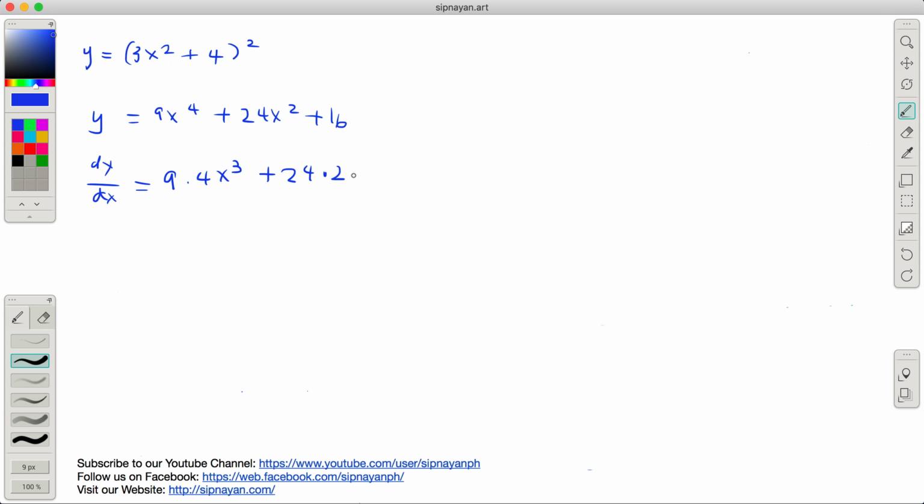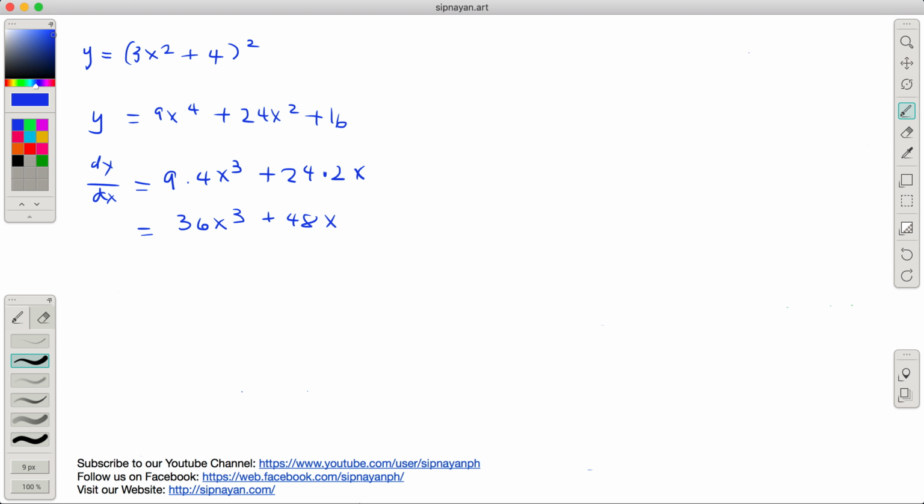And then yung exponent, babawasan din natin ng isa. So, x to the first power or simply x. And the derivative of a constant is 0, so wala na tayong idadagdag dito. So simplifying, we have 36x cubed plus 48x. Yun na yung simplified expression natin.